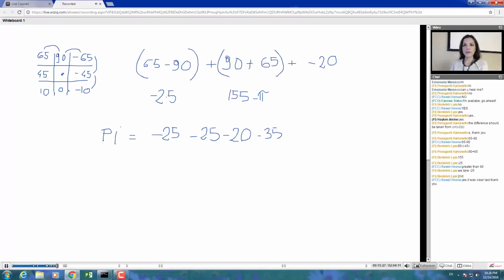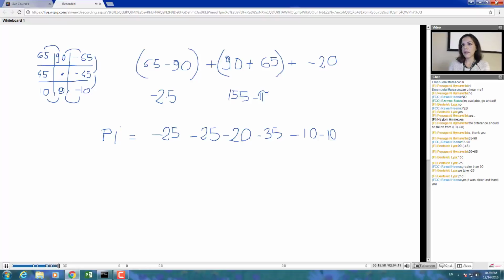And then here we have 0. And then we have minus 10. So 4 differences, 1, 2, 3, 4. Minus 10 minus 0 is minus 10. And then 0 minus 10. And 10 minus 45 is minus 35.